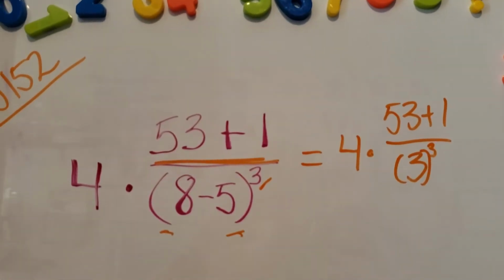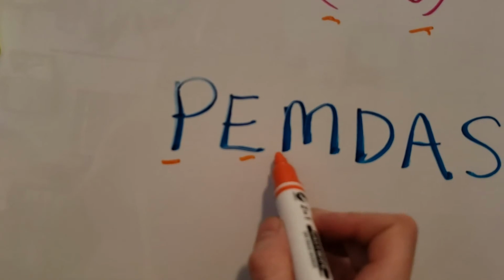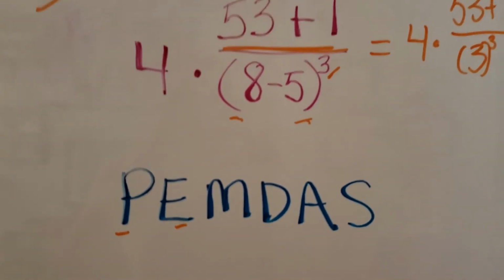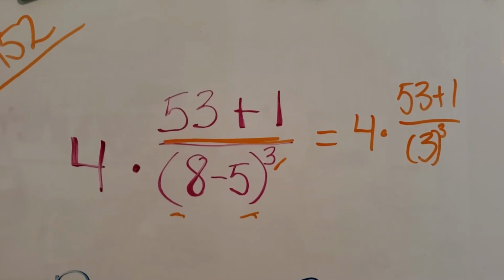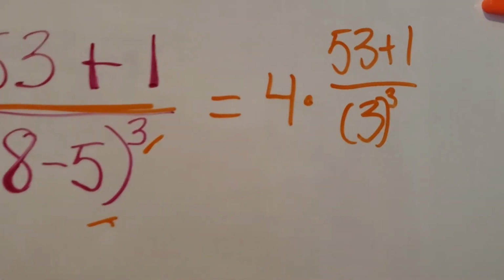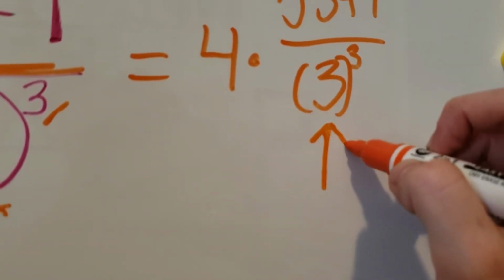So now I can continue solving from there. I've done what's in parentheses. The next thing I'm going to do is the E, and the E stands for exponents. So I'm going to look back at my equation and say, okay, I've done the parentheses, now I do what's in exponents. Oh, I can see right here that I have 3 to the third power.